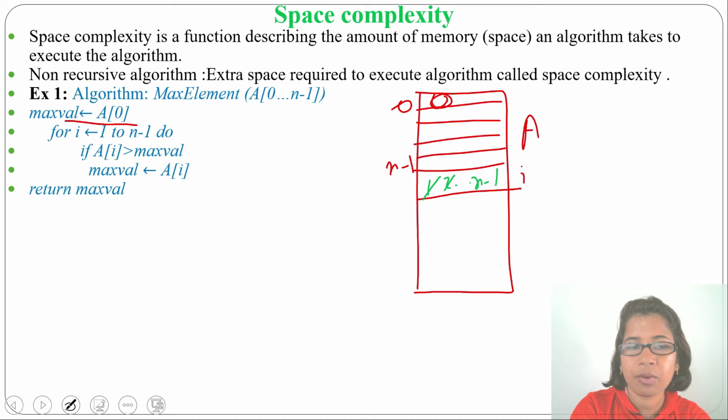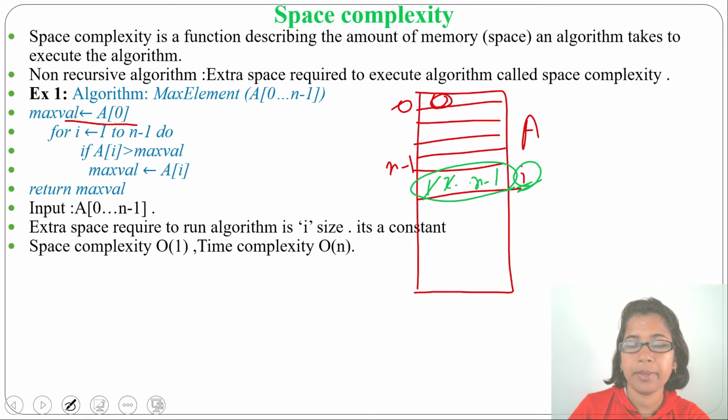Now if A of I greater than max value, then max value will be A of I and return max value. So for running this algorithm, we just need one extra space for variable I. So space required will be 1 and space complexity you can say order of 1, as we just require one extra space for variable I.